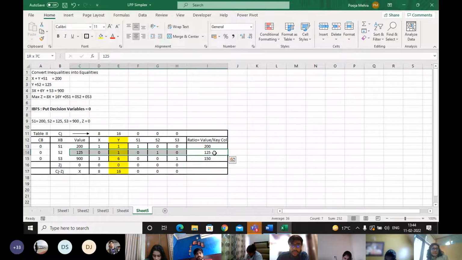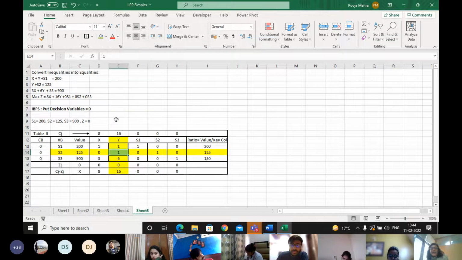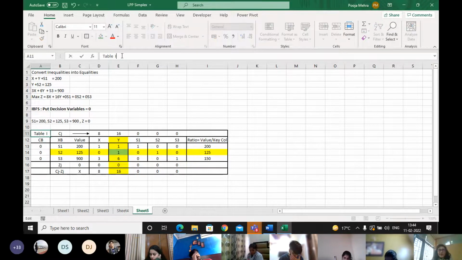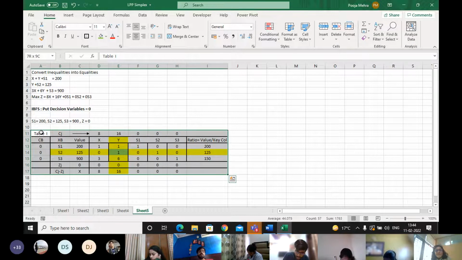Let's go. We have decided about the departing variable and about the entering variable, and this element is known as the key element, which comes at the intersection of the key row and key column. Now coming to the next table. Hurry up.